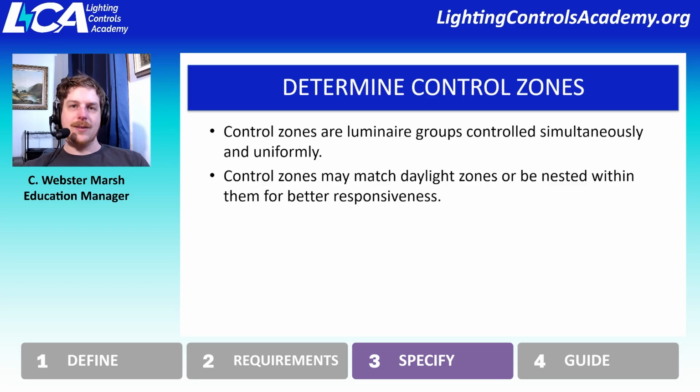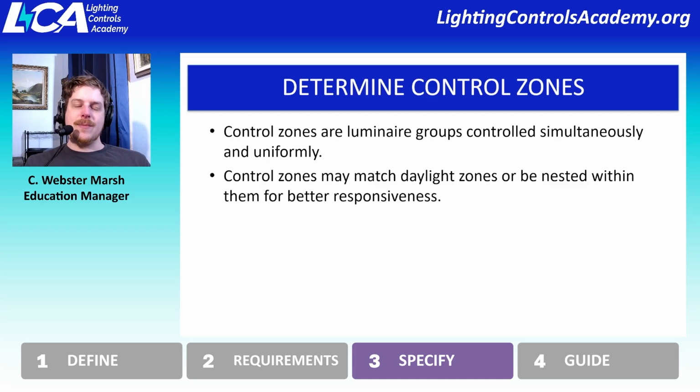And so how we zone it really can be up to us so long as we still follow the primary secondary method of daylight zoning, but we can make those as small as we need them to be. And in some cases, you may actually want to make them smaller because, let's say, you have a really long window that's covering the entire width of the building, and it's a big open office.